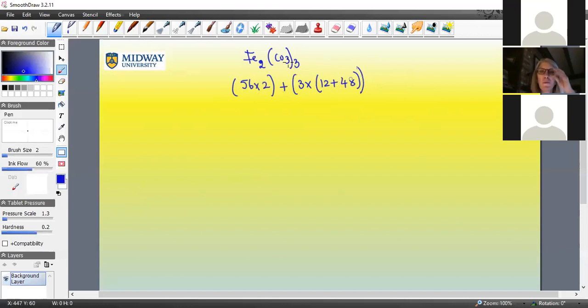What I have seen some people do is they multiply the 3 into the iron as well. So this is the correct way. I'm going to write the incorrect way in red, so no one makes that mistake. What they did is 56 times 6 plus 3 times 3.